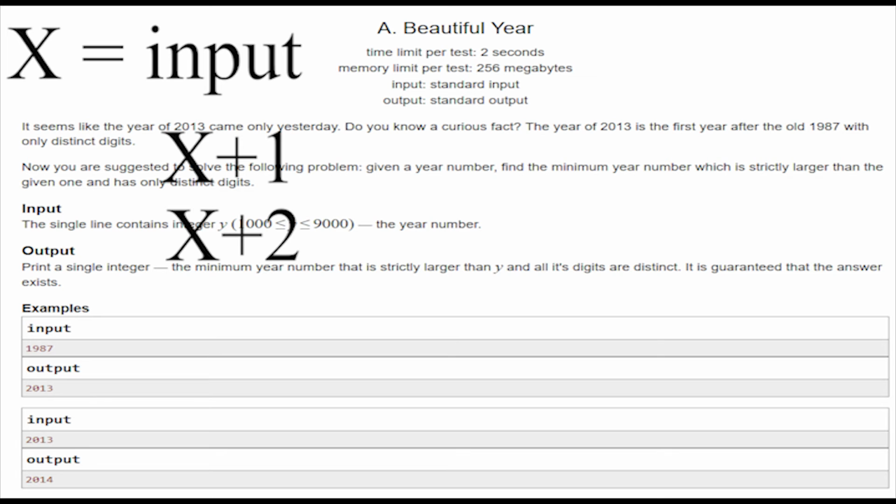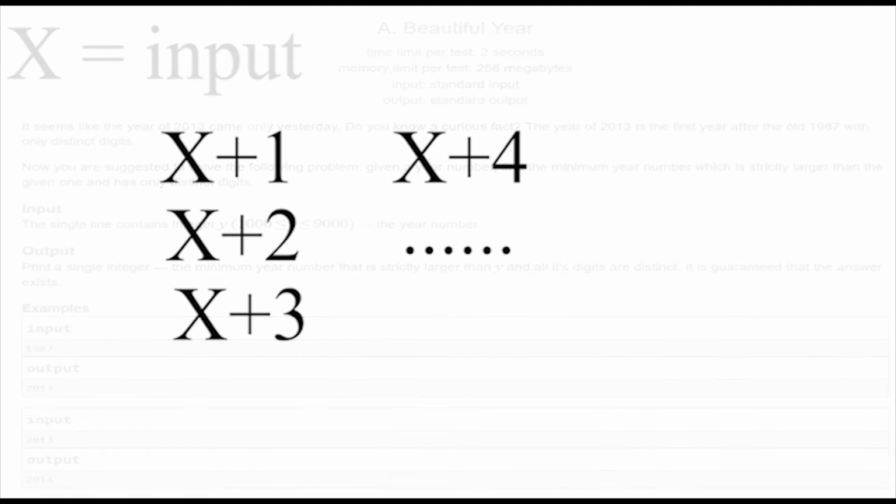If x plus 2 doesn't have distinct digits, then we would go ahead and get x plus 3, then x plus 4, and x plus 5, and this can actually be directly transformed into a flowchart that gives us the algorithm for solving our problem, which we see right here.